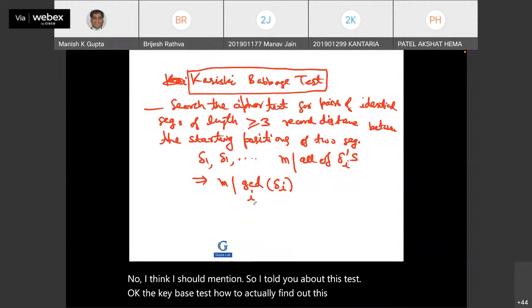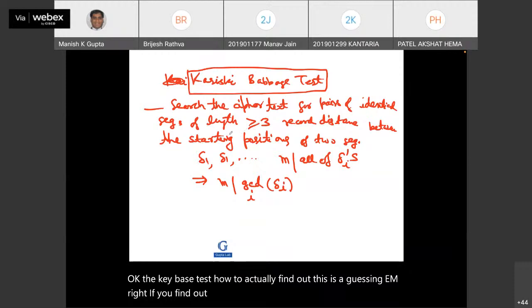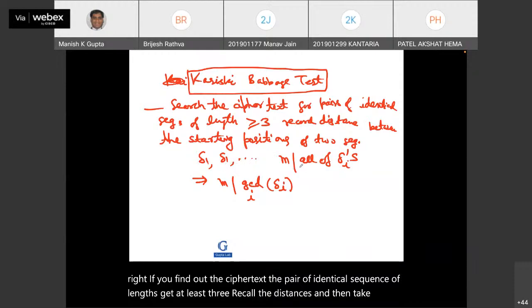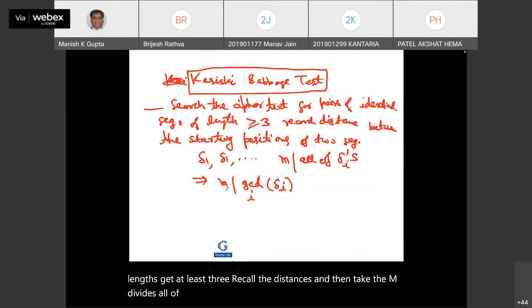This is guessing m. If you find in the ciphertext a pair of identical sequences of length at least 3, record the distances. Since m divides all the deltas, guess m, which is the GCD of all the deltas. So you can actually find it out. So that is one thing.